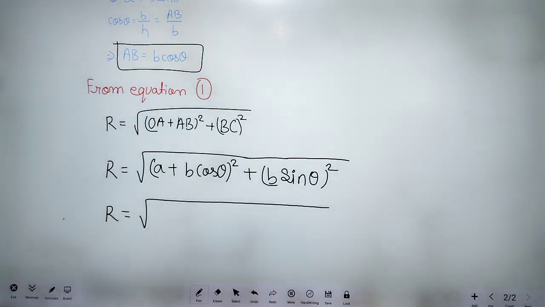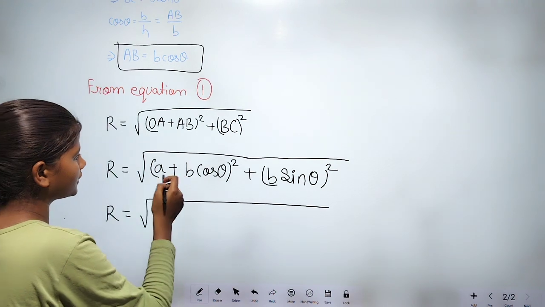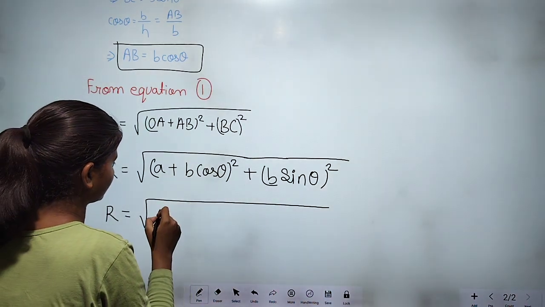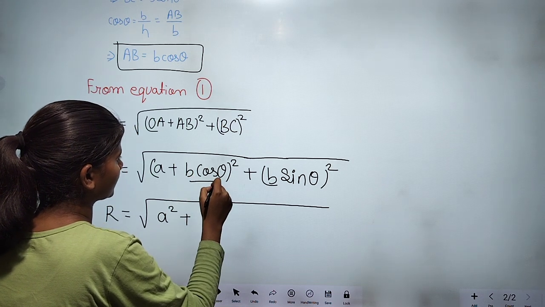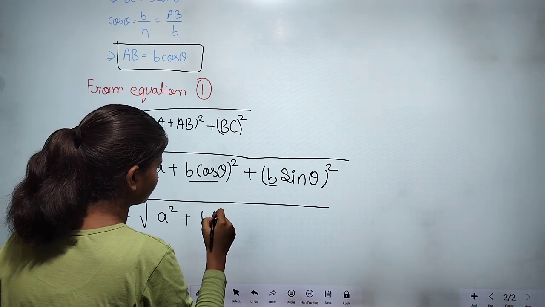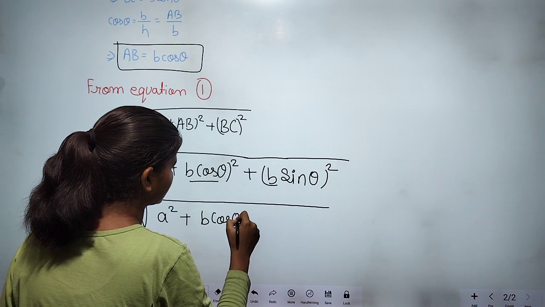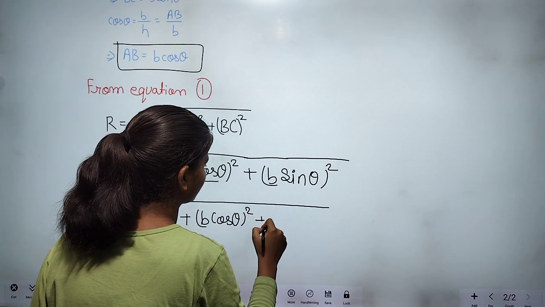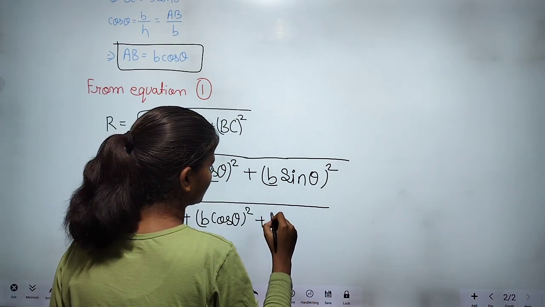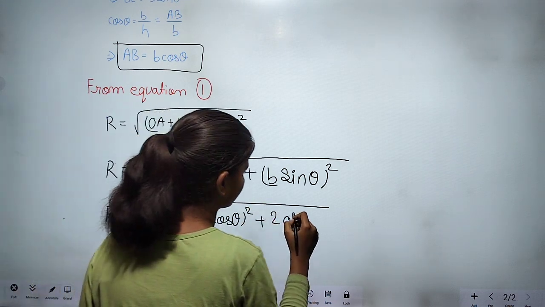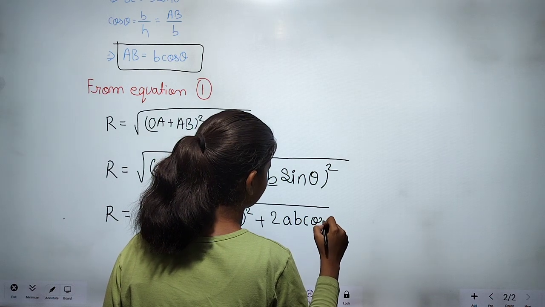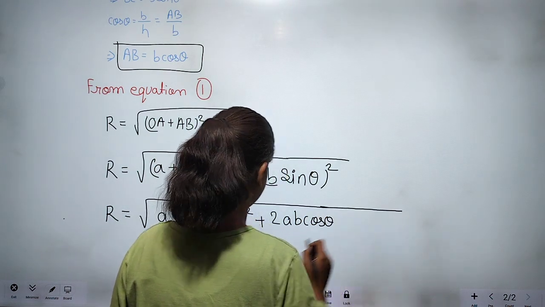Here A plus B cos theta whole square, so A square plus B cos theta square plus 2A times B cos theta.